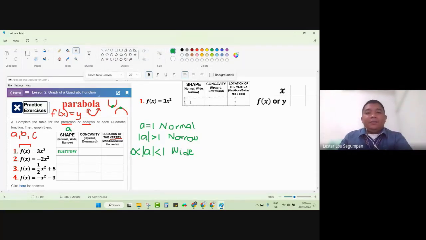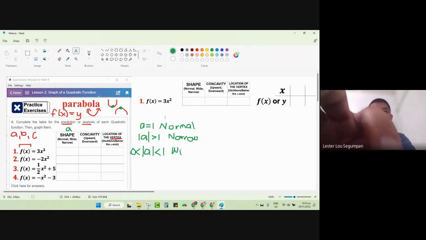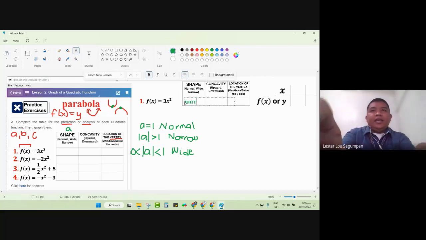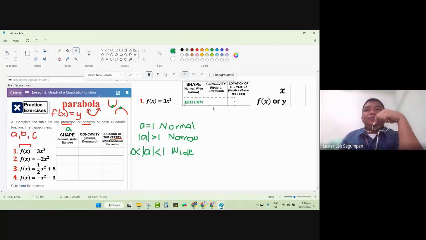Or let me write it in this item, narrower. Okay. And I'm writing here narrow because the a coefficient here is 3.